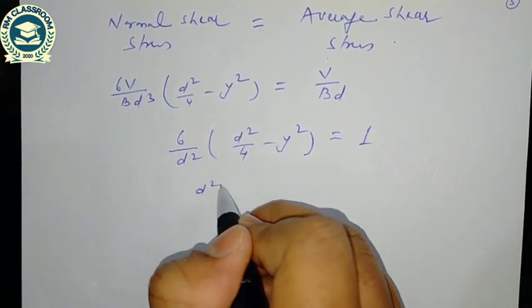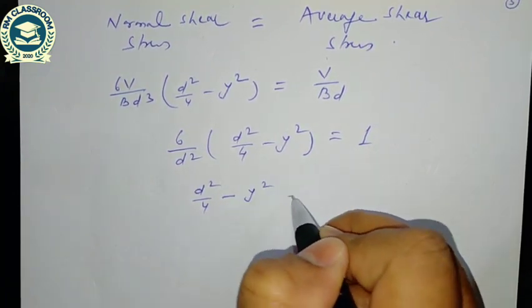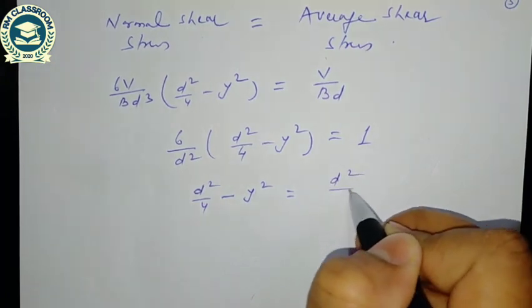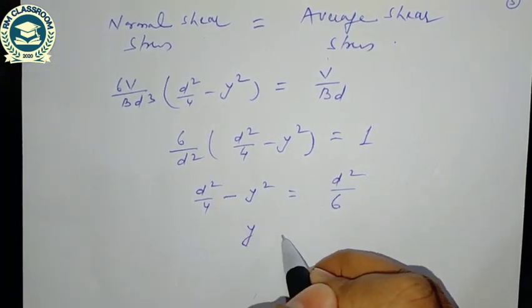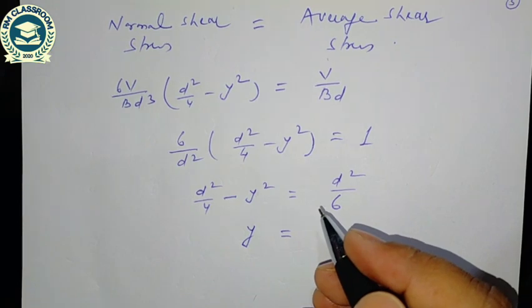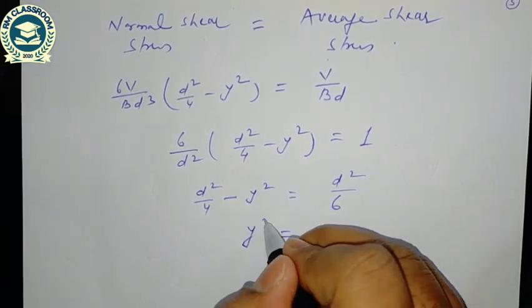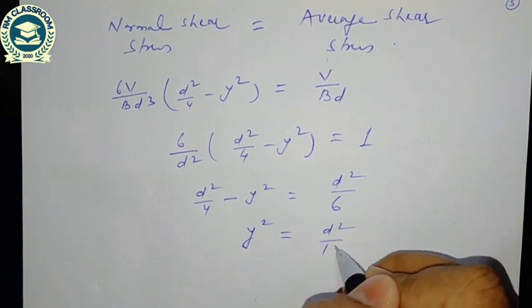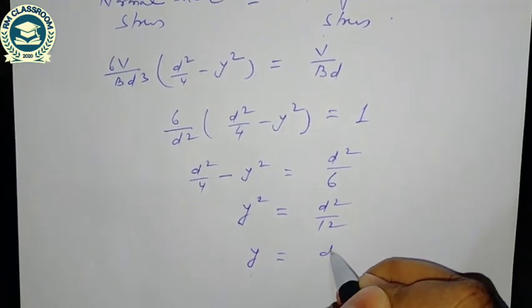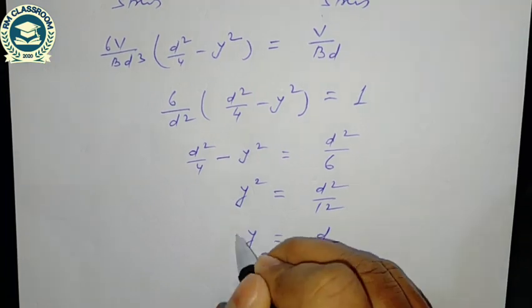So d square by 4 minus y square is equal to d square by 6. So y square is equal to d square by 12. So y is equal to d by 2 root 3.